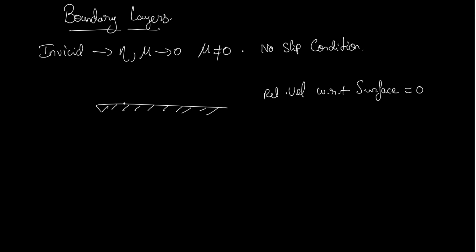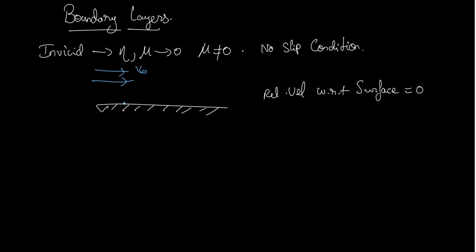Suppose the relative velocity is 0 here, but I have a free stream velocity going over at a speed of v infinity. So the flow here at 0 velocity must go to a higher velocity, that is v infinity. It can't go drastically to higher velocity, so there will be a gradual increase, and that gradual increase will look somewhat like this.